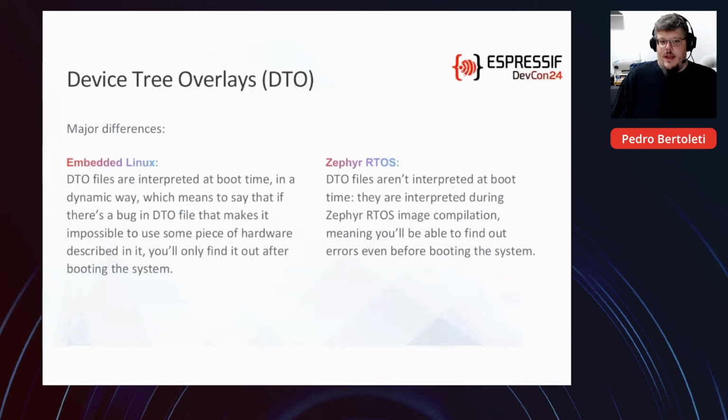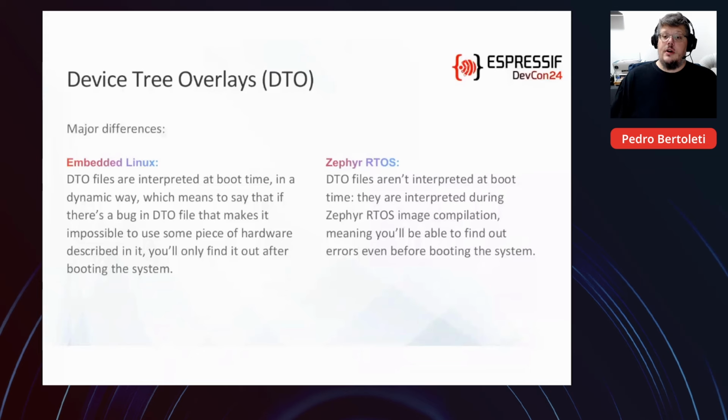In embedded Linux, DTO files are interpreted dynamically at boot time, which means that if there's a bug or a type error in a DTO file, it's impossible to find it when you are compiling your embedded Linux application. You'll find out this bug or error only after booting the system.